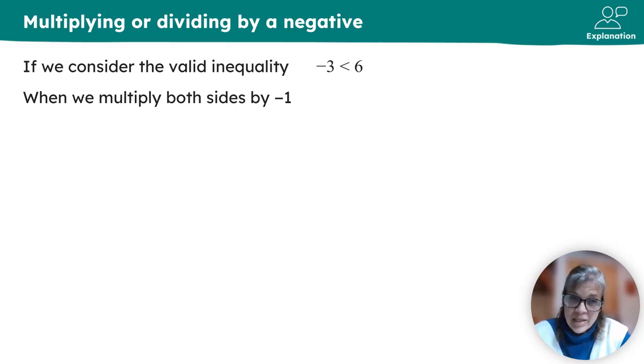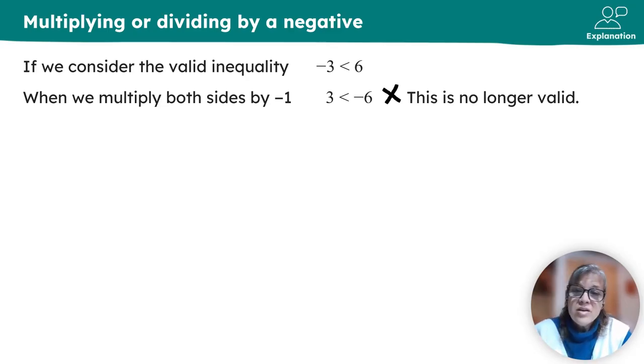But for an inequality, if I multiply both sides by -1, I would get 3 is less than -6. Is that true? No, it's not, right? So this is no longer a true statement. It's no longer valid. What would we have to do to make it valid? We'd have to flip the sign around.